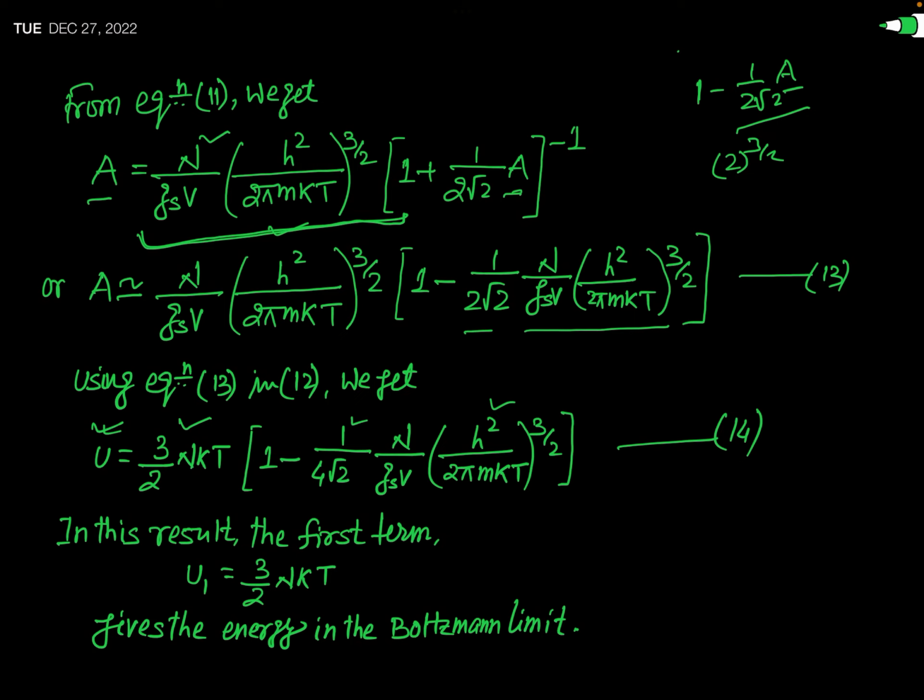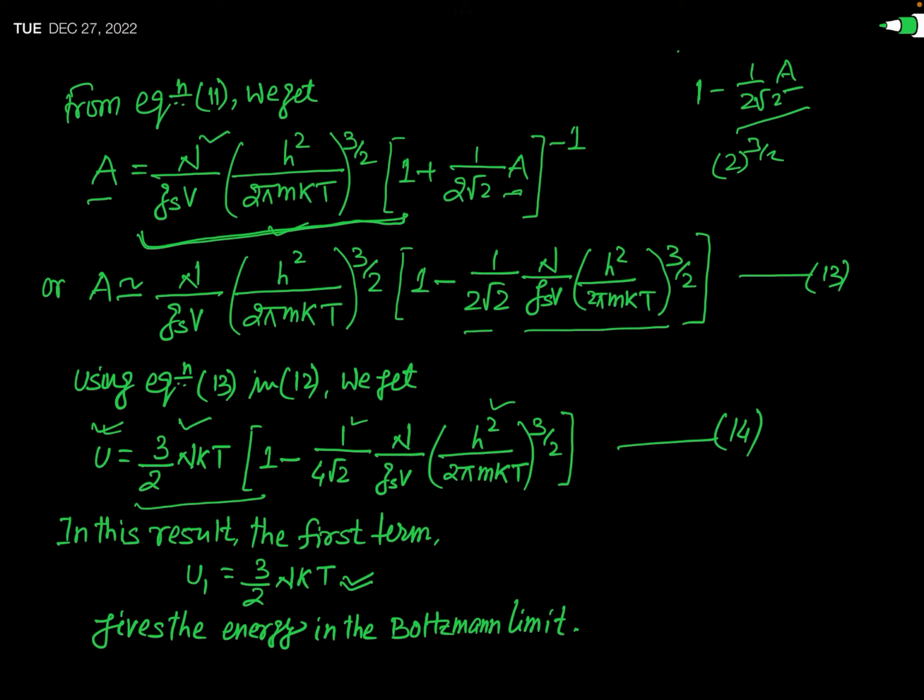Now this expression of energy has two terms on the RHS. The first term is 3 by 2 nkt. Can you remember what this 3 by 2 nkt is? This is the energy of a perfect gas or a dilute gas in Maxwell-Boltzmann statistics.